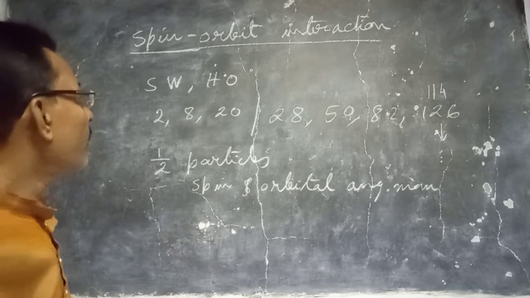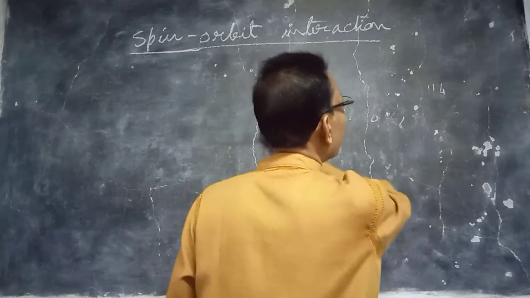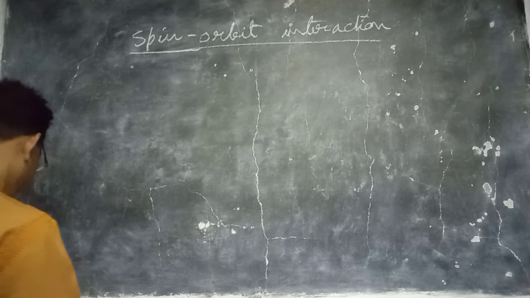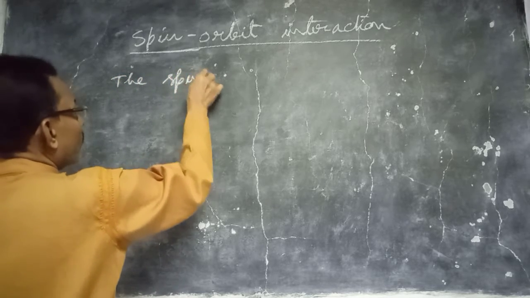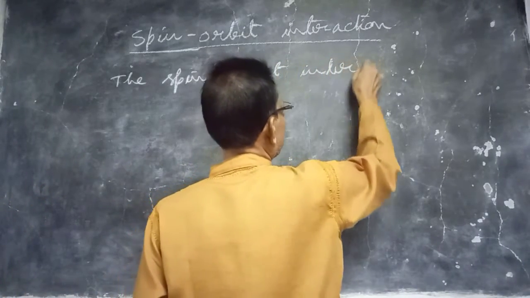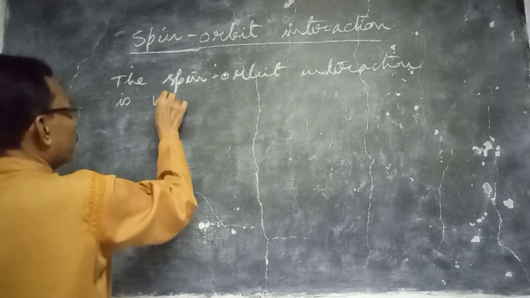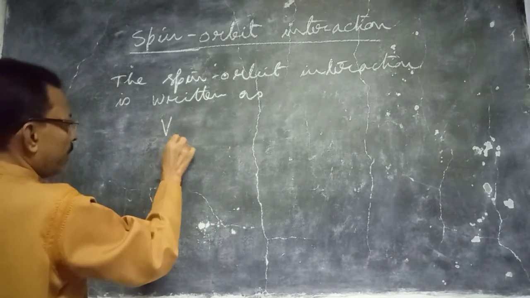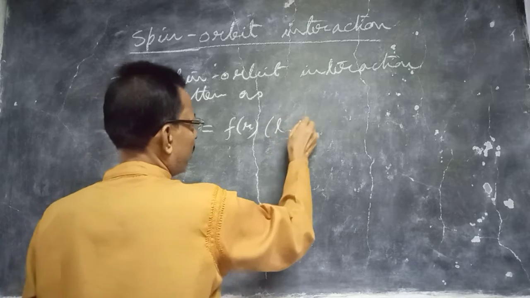Now, the spin orbit interaction is written in this form, that is V_SL, written as V_SL = f(r) L·S.